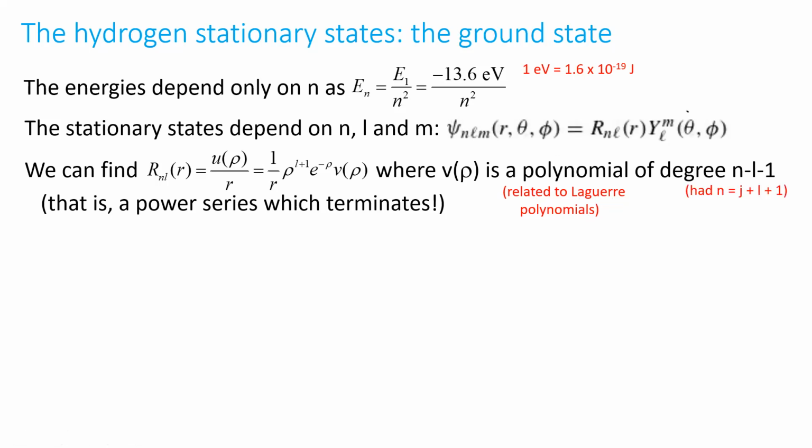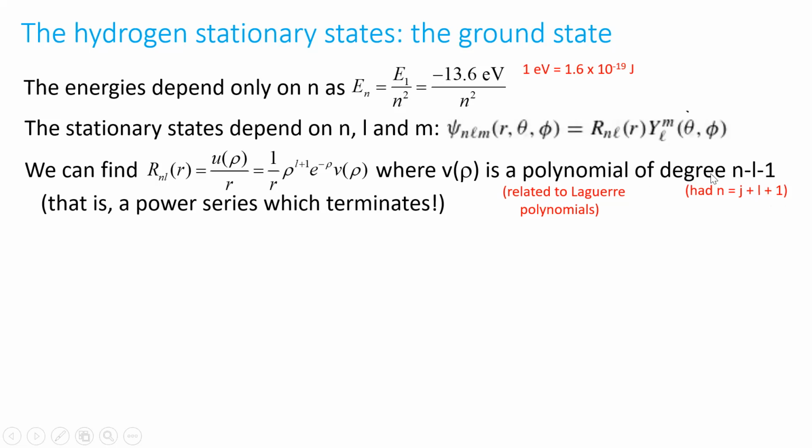And remember, n was equal to j plus L plus 1. That's what we defined n as. So the polynomial is degree j, because that's the index of the series. And if we solve this for j, j is equal to n minus L minus 1.